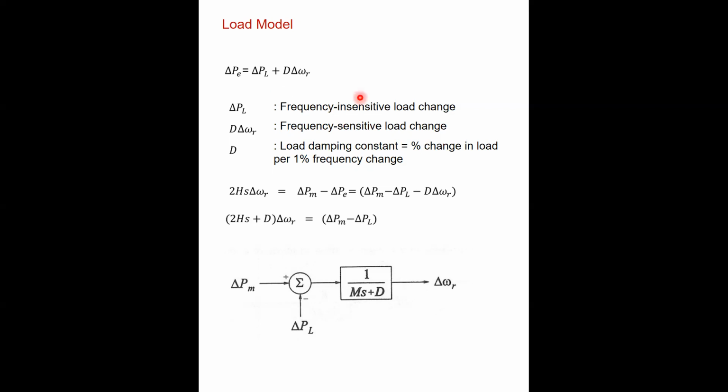Static loads we call frequency insensitive load changes, and those loads which are dynamic loads are referred to as frequency sensitive loads. So thus the load perturbation, the load disturbances, can be resolved into two parts: frequency insensitive and frequency sensitive.